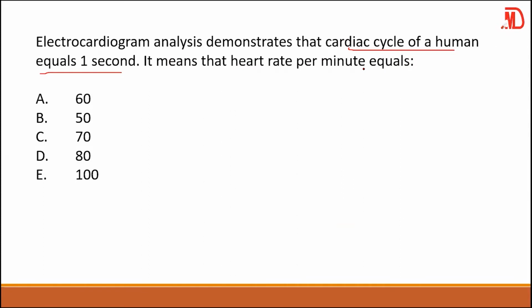When we talk about the cardiac cycle, it is just how the heart is performing, from the beginning of one heartbeat to the beginning of the next one. That is what we call the cardiac cycle.